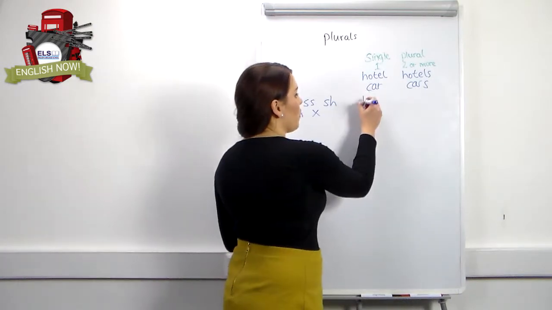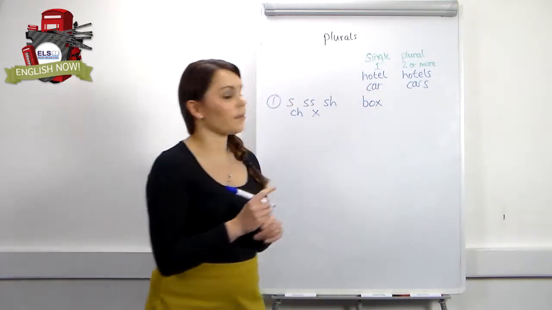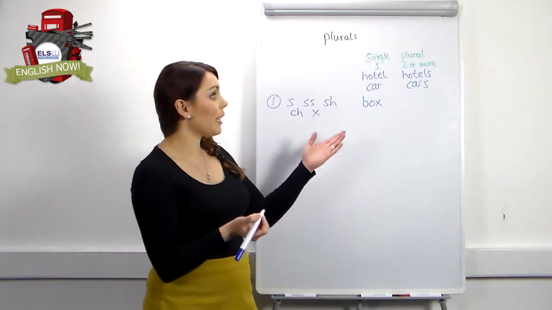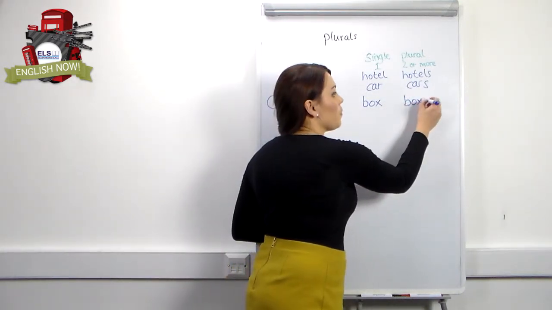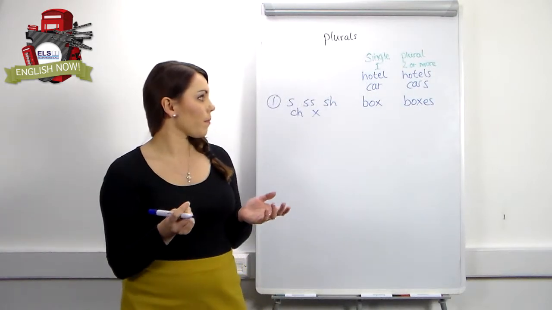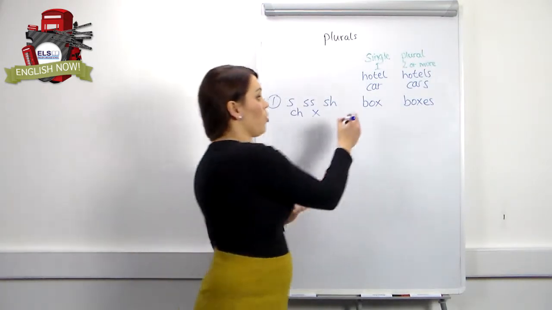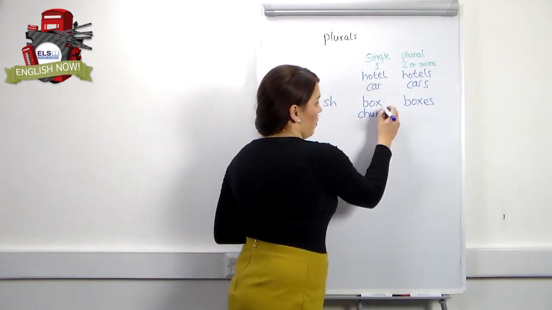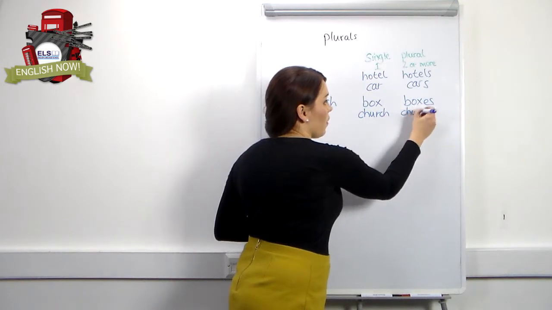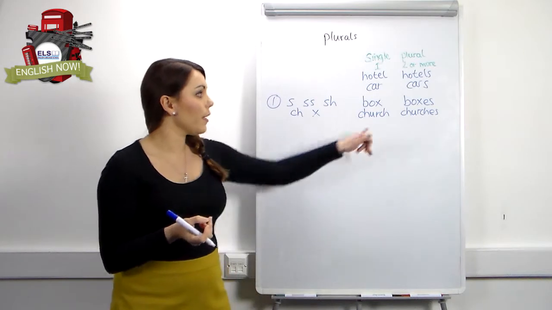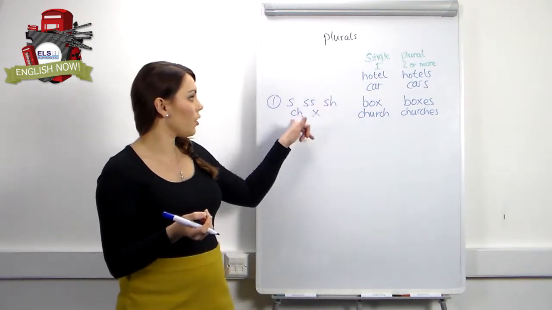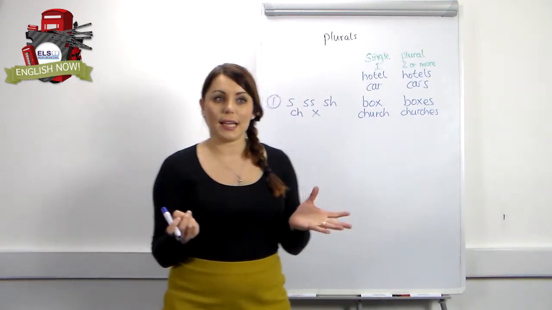For example, box, we would add es because it ends in x. It becomes boxes. Church becomes churches. Again, because it ends in ch, so we add es.